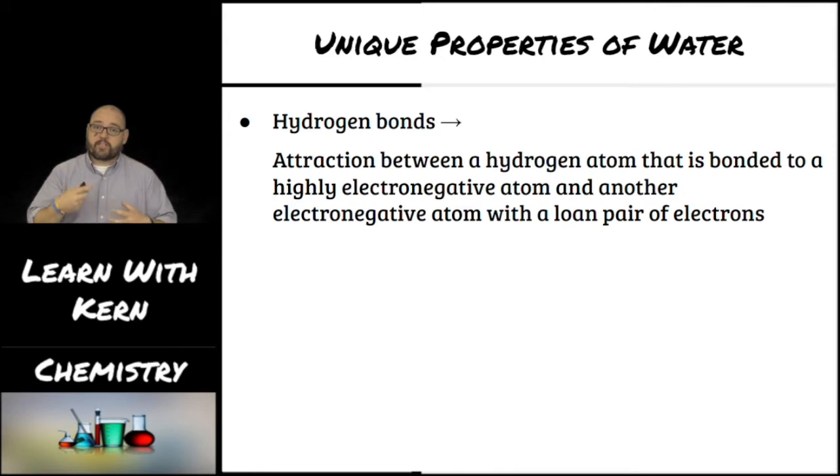It is very much attracted to those lone electrons that are not being shared, but they're in the outer shell of the atom. And so the hydrogen that's very, very positive because of that polar bond is going to be attracted to those lone electrons. And when that happens, you get an attraction that kind of keeps things close together. That's what a hydrogen bond is.